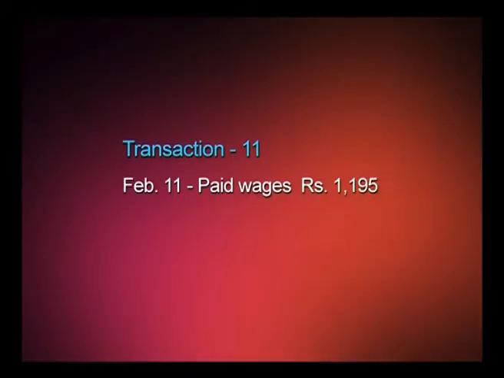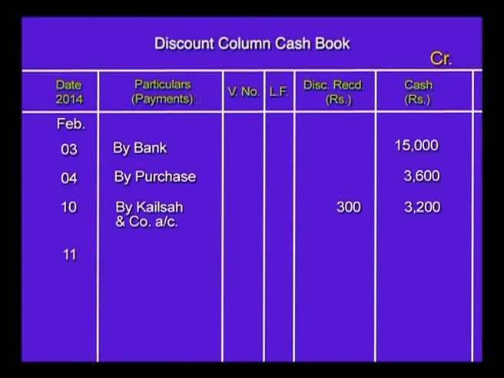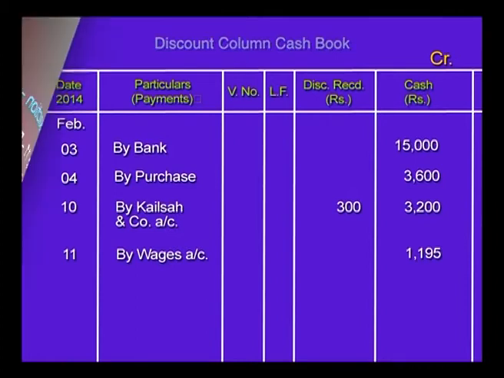Next transaction is February 11, a simple transaction. You are making payment of wages. So, it is a payment, 1,195 rupees is the amount. Same side, date 11th February, by wages 1,195 rupees, the posting is done.